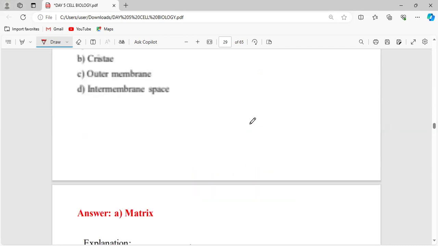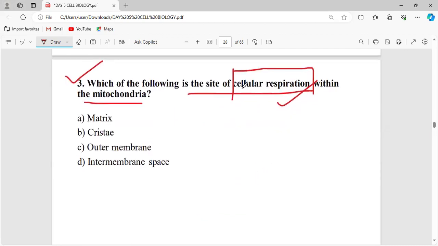Now, just tell me, you are saying that glycolysis, Krebs cycle, all other things are happening under the cellular respiration. How many ATP are going to be synthesized in this cellular respiration?